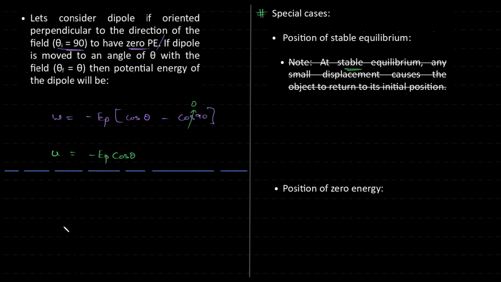I need a diagram, so I'll make use of this space. So we have the dipole, and say we have the electrical field in this direction.